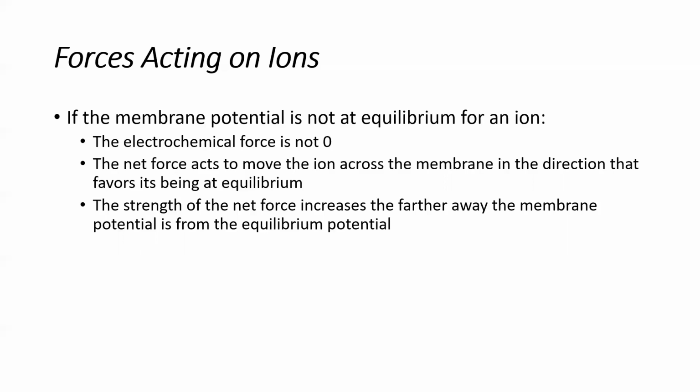When the membrane potential gets to the equilibrium potential for that ion, then that's where we see zero movement of the ion. And so the net force really acts to move that ion in the direction to favor it becoming at equilibrium. And the strength of that force is the degree to which the equilibrium potential is away from the resting membrane potential. Okay, I hope that makes sense.